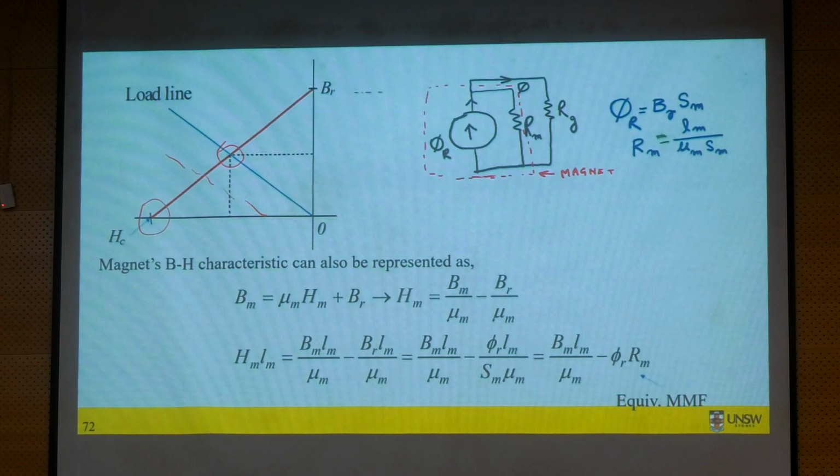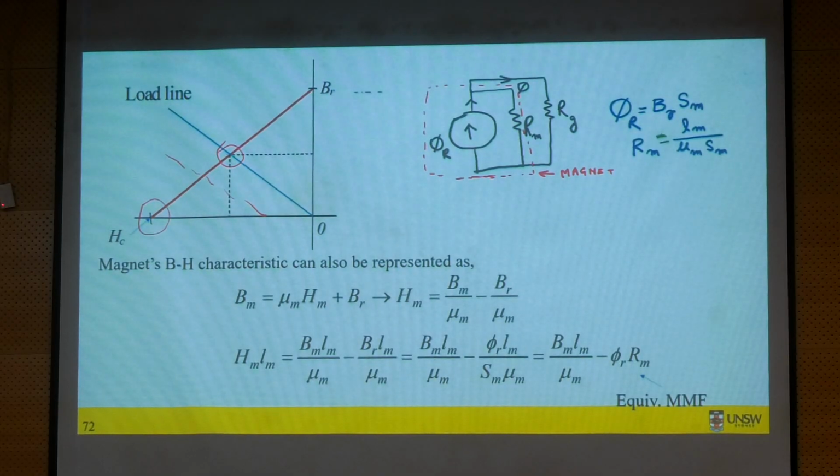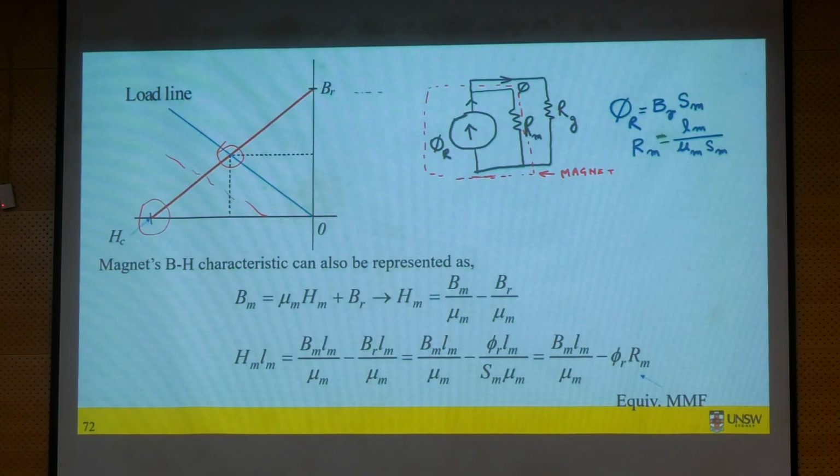If this type of simple calculation already shows you that your operating point is not where it should be, then you may want to start reconsidering your design requirements, okay. So for that purpose, the magnetic equivalent circuit or load line method, etc., are good as a starting point.